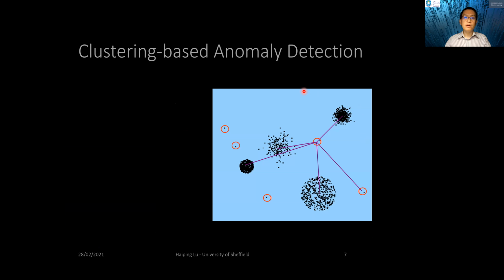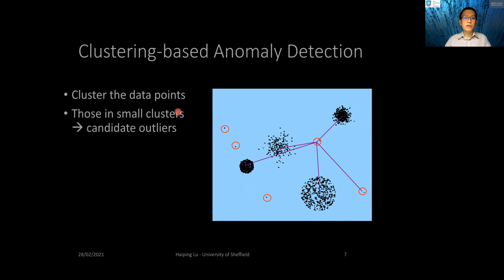So for an anomaly detection based on clustering, we can follow the following steps. We can first cluster the data points into several clusters. And then those in small clusters will be the candidate outliers, such as these in red circles. So they are the candidate outliers.